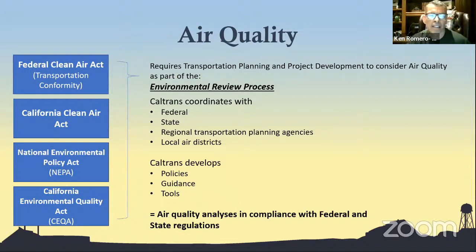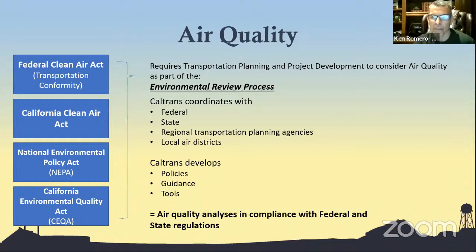So basically, the Federal Clean Air Act and the California Clean Air Act and the NEPA and CEQA require transportation planning and project development to consider air quality as part of the environmental review process. Caltrans coordinates with federal, state, and regional transportation planning agencies and local air districts to address transportation-related air quality issues.